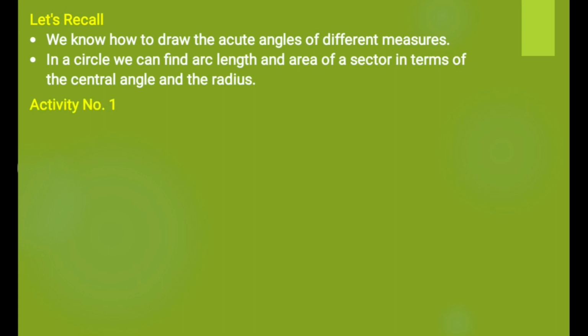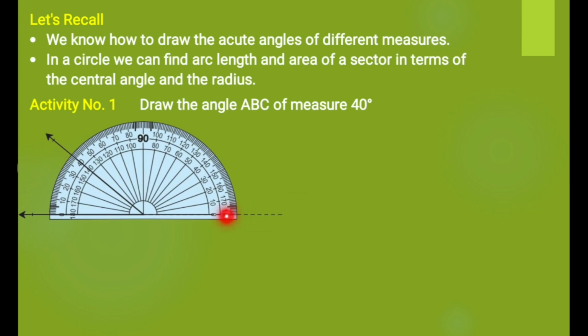With the help of this activity we see how to measure an angle. For that, draw the angle ABC of measure 40 degrees. We know that with the help of the protractor we measure the angle of 40 degrees. If you observe the protractor, the 90 degree mark is at the center.